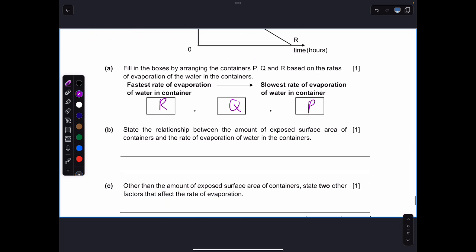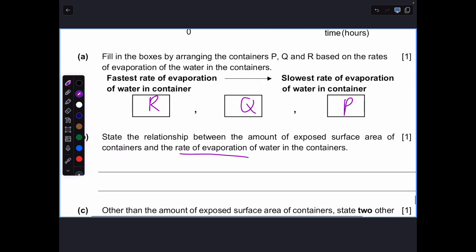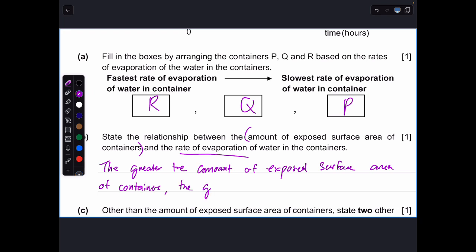State the relationship between the amount of exposed surface area and the rate of evaporation. This one is very straightforward. The greater the amount of exposed surface area of containers, the greater the rate of evaporation of water.